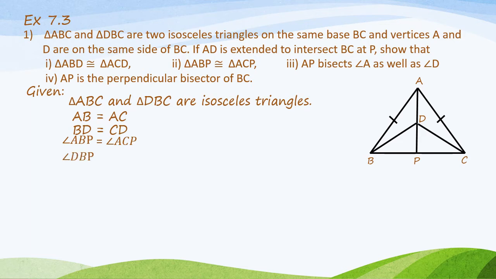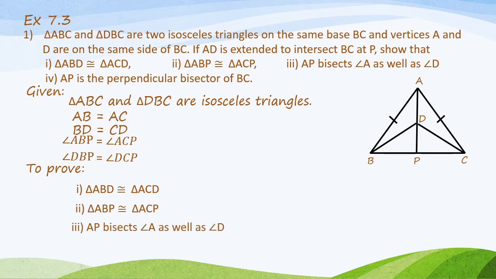Angle DBP is equal to angle DCP. Now we want to prove, first, triangle ABD is congruent to triangle ACD. Second, triangle ABP is congruent to triangle ACP. Third, AP bisects angle A as well as angle D. And last, AP is the perpendicular bisector of BC.